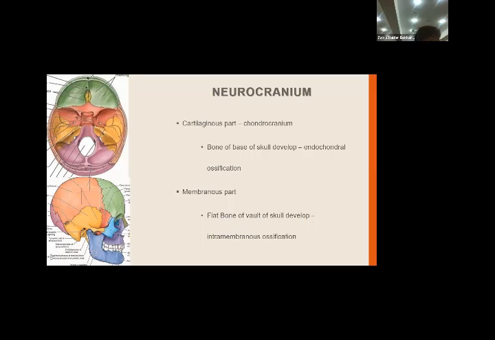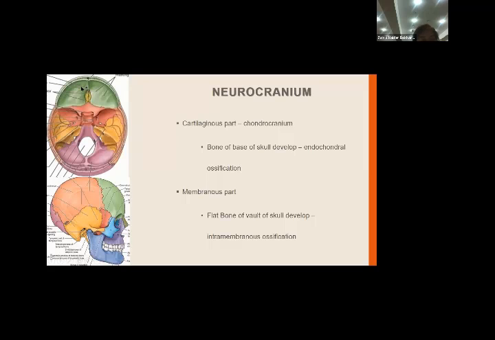And by neurocranium, I mean ये सारा part, that forms a protective case around the skull. अब ये जो है न्यूरोक्रेनियम, आपको बताया था कि part of it develops in cartilage by intracartilaginous ossification. ये जो bones of the base of skull, ये bones सारी, the bones on which the brain is resting, ये developed by endochondral ossification या intracartilaginous ossification.